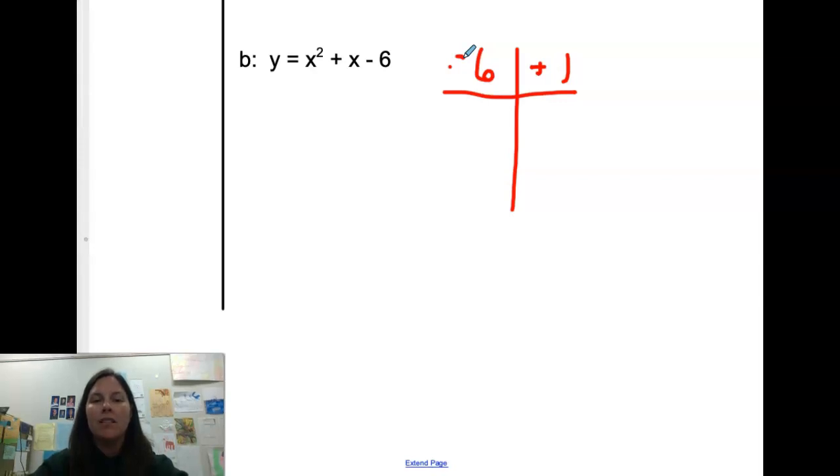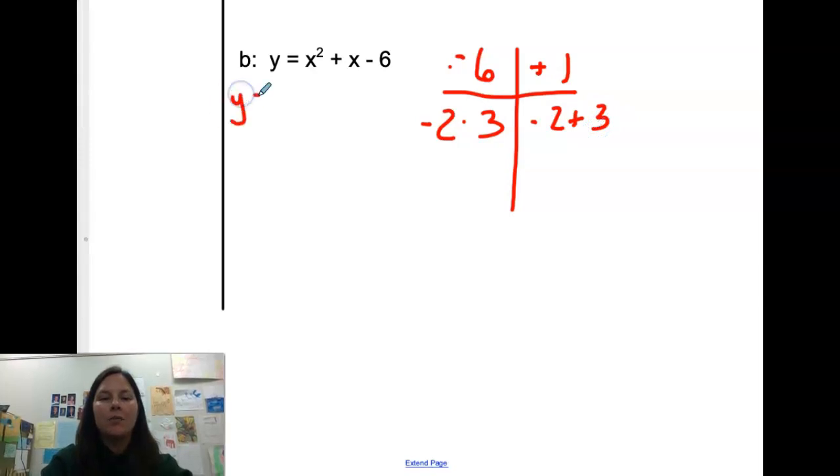We need one positive number and one negative number, and we have 2 times 3 to give us 6. So which one needs to be negative in order to add to a positive one? And that would be our 2. Negative 2 times 3 gives us a negative 6, and negative 2 plus 3 gives us a positive 1.